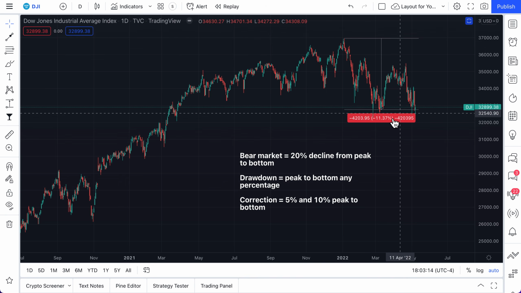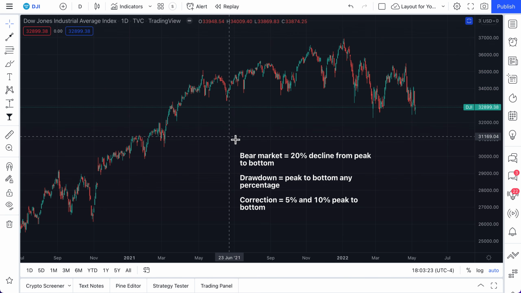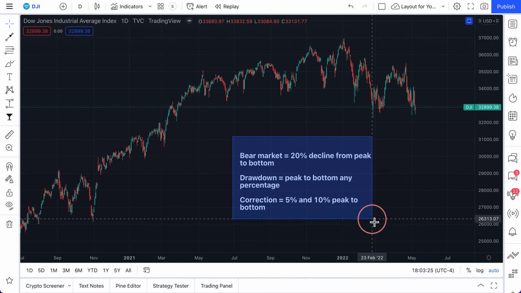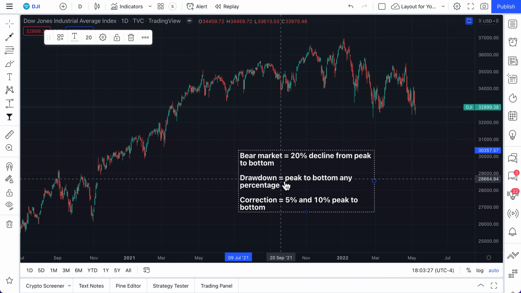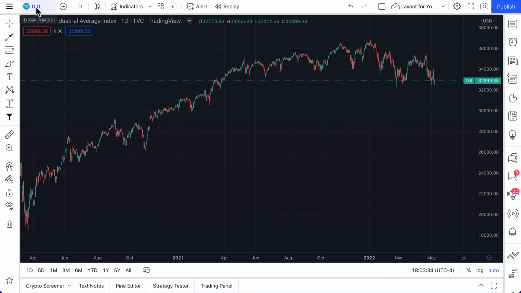Okay. So now that we know what the terminology is and how to measure the moves, we can start to really understand what type of market environment we're in. So before you're ever going to buy or sell anything, probably a really intelligent move might be to open up a chart like this. This is the Dow Jones Industrial Average.